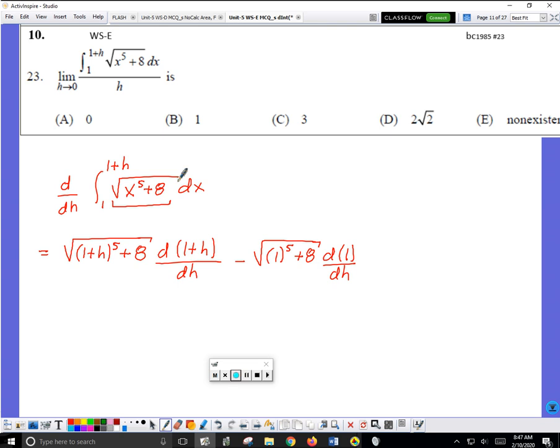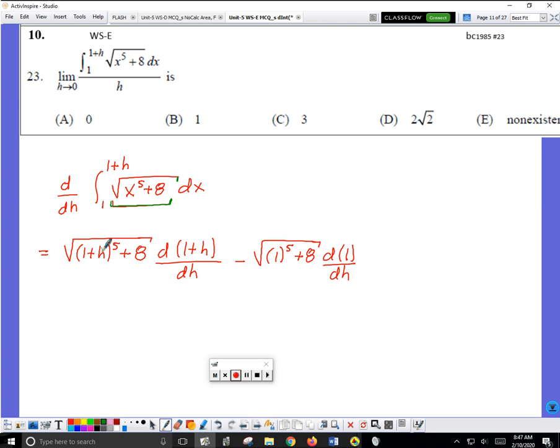Is the 8 part of it, or is it just the square root of x? The entire integrand is square root of x to the 5th plus 8. The rule says on your green card, to find the derivative of an integral, take whatever this is, the whole thing, and in place of the input variable, plug in the upper limit. Okay. Is that your question?